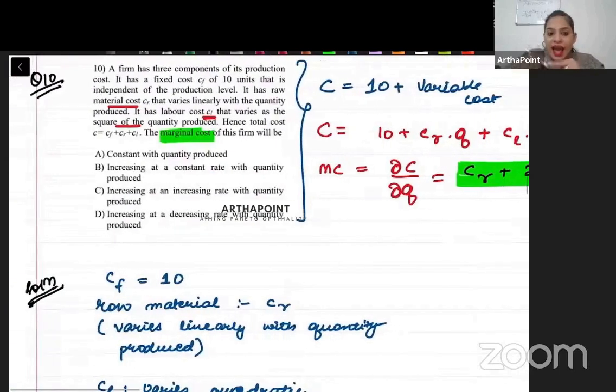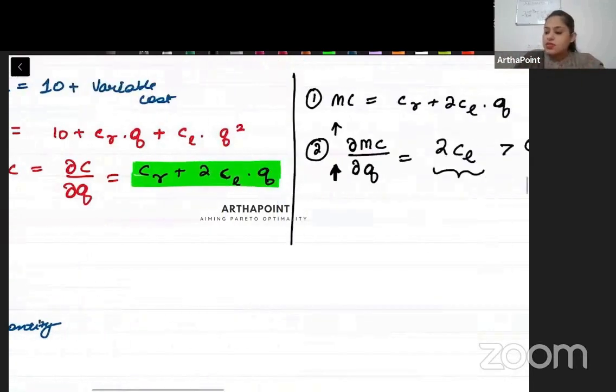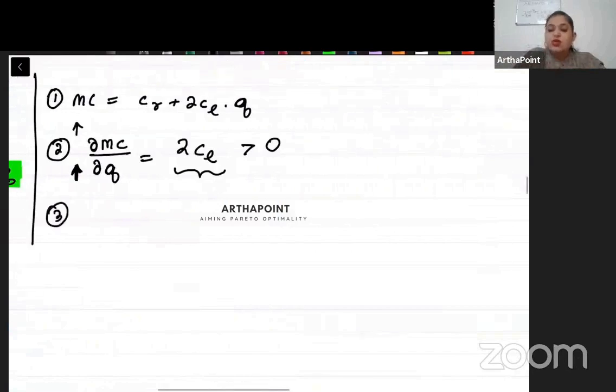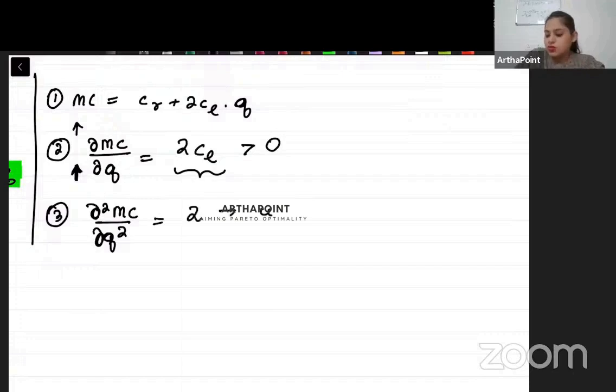So as your quantity increases, marginal cost of the firm will increase. Now it is asking the rate at which marginal cost will increase. That means you need to differentiate this again. To find the rate of something, you have to differentiate this again. So to understand the rate at which this marginal cost is increasing, we will differentiate this again and get 2, which is constant.